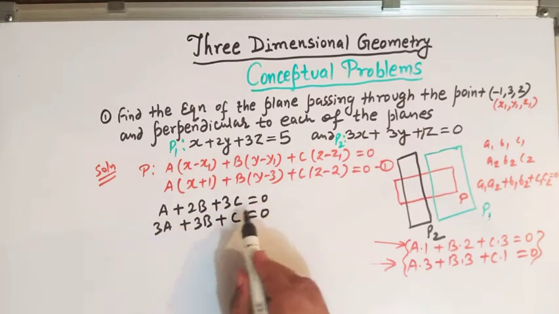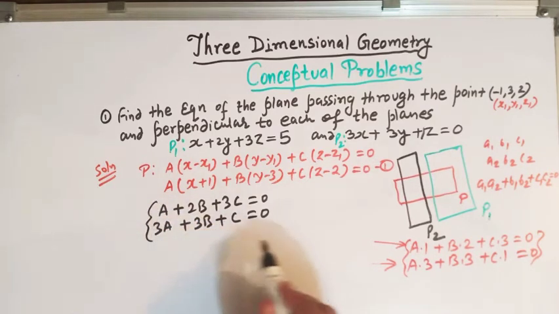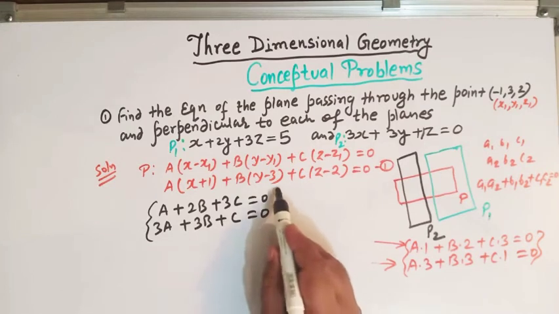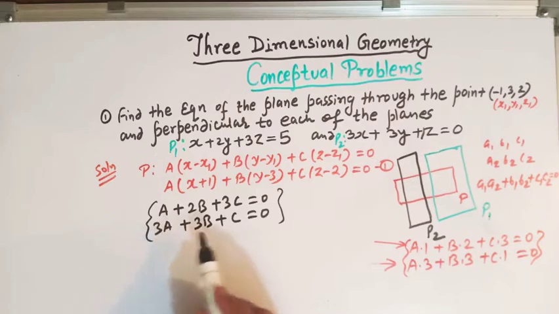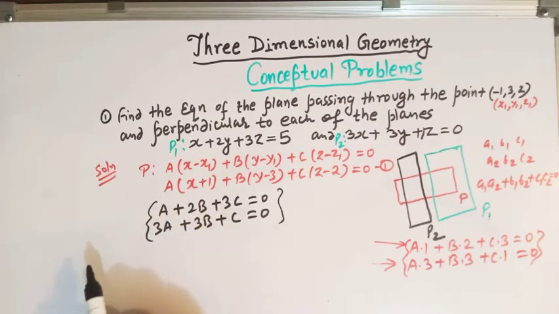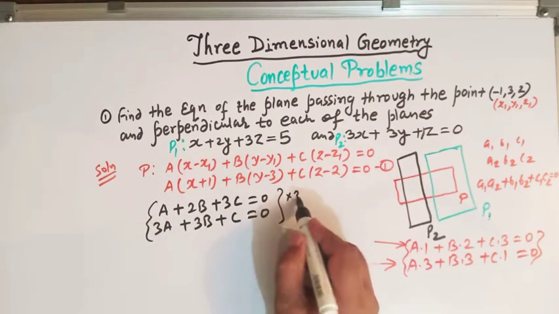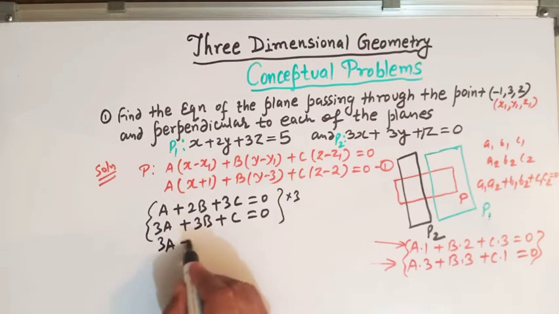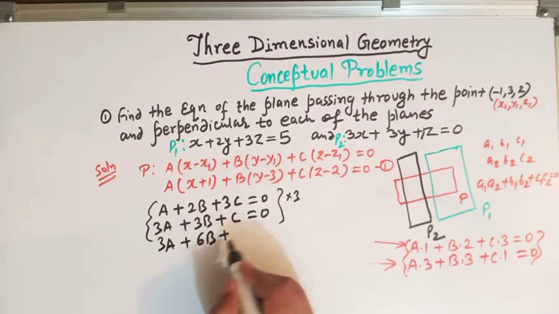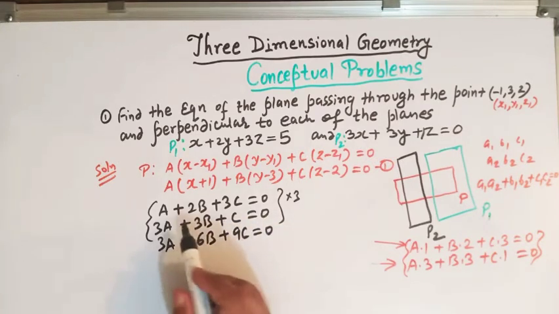Now here we have three variables but two equations. So here what we will do, we will try to eliminate one variable from these two equations. So we will multiply this equation by 3, right? So we have 3a plus 6b plus 9c is equal to 0, right?